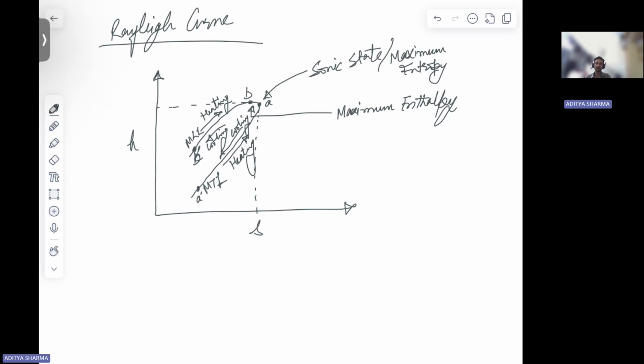Once it has reached the sonic state, if you now reject heat from this flow, it will become subsonic. So this is there in the Rayleigh curve.